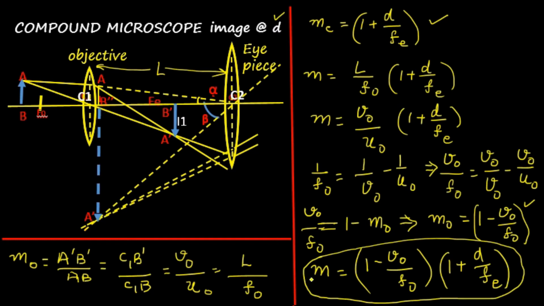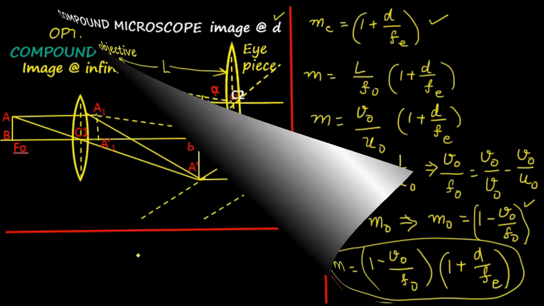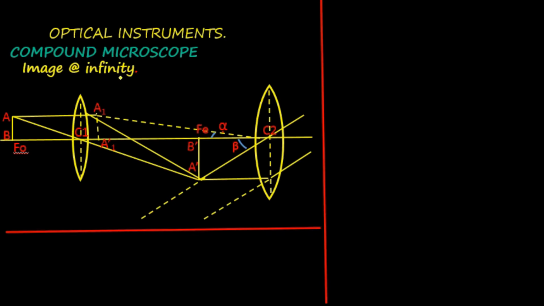Now we have to see the expression for image at infinity. When the image is formed at infinity, M0, the magnifying power of the objective, is equal to V0 by FO, and V0 will be equal to L when the image formed is very close to the lens.